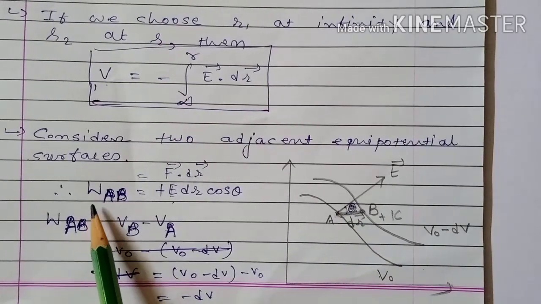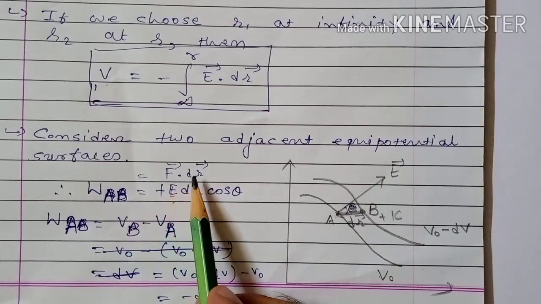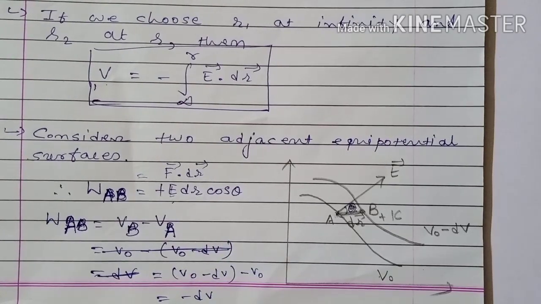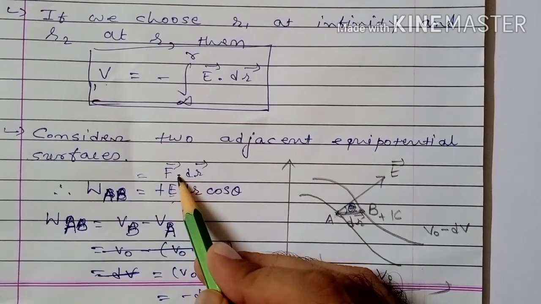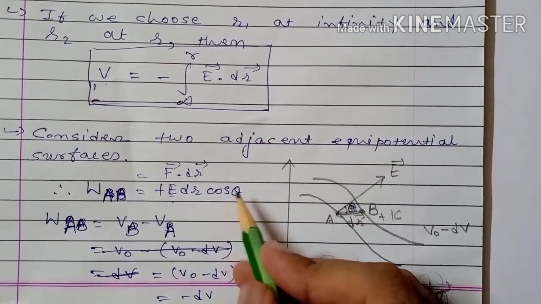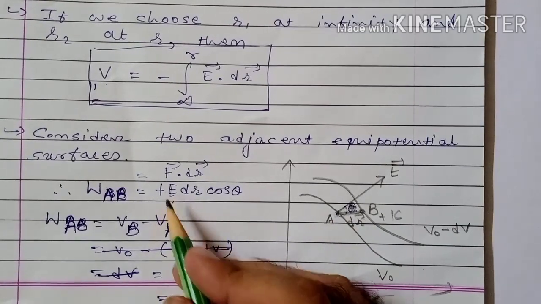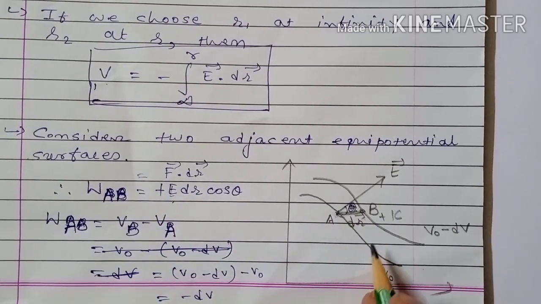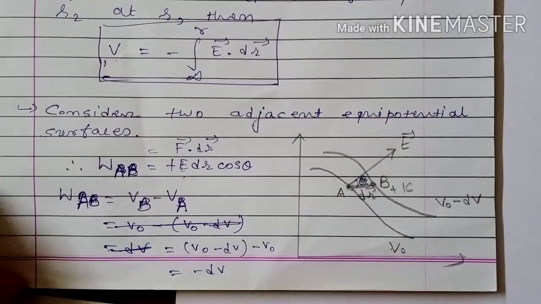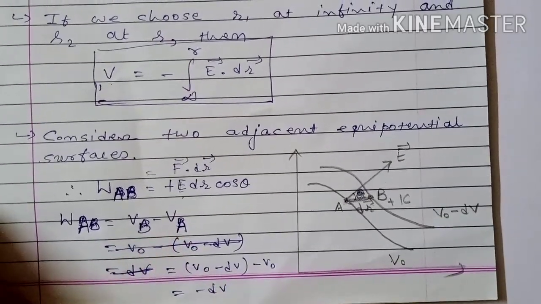Work done in moving unit positive charge from A to B is equal to F vector dot dr vector, that is E dr cos theta. When we remove the dot, we have to use cos theta, where theta is the angle between electric field and displacement. Actually electric force is QE, but Q is plus 1 coulomb, since I have taken unit positive charge. So work done in moving charge from A to B is equal to VB minus VA.